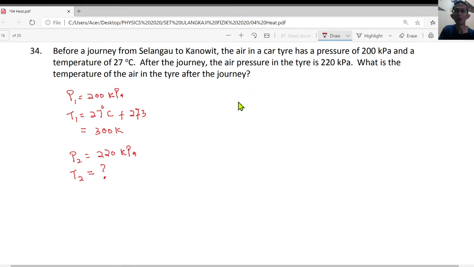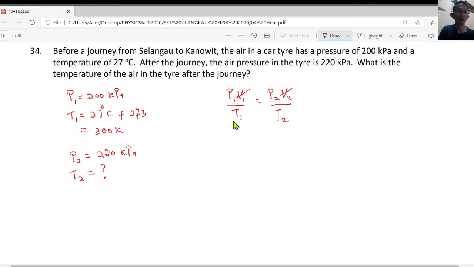So now we apply our universal gas law, which simply says that P1 V1 over T1 equals P2 V2 over T2. In the question I don't have my V, so we assume my volume to be constant, so we can cancel volume out.